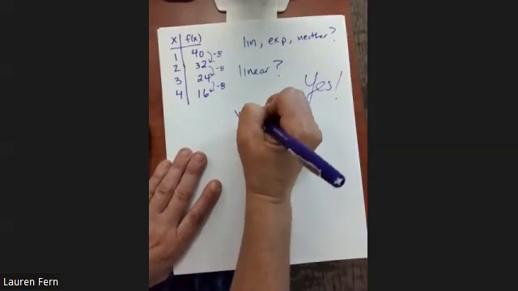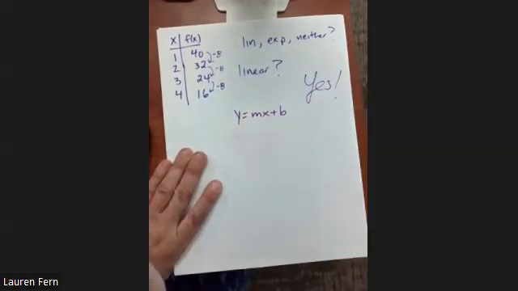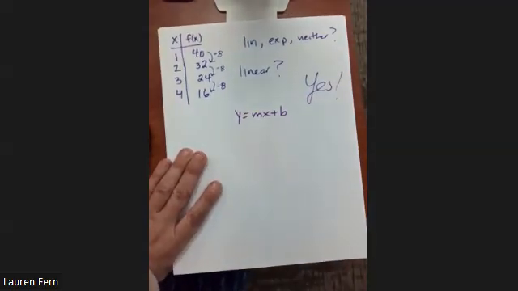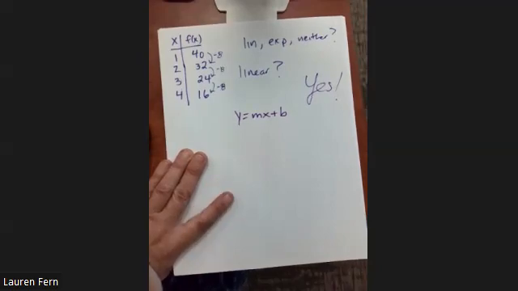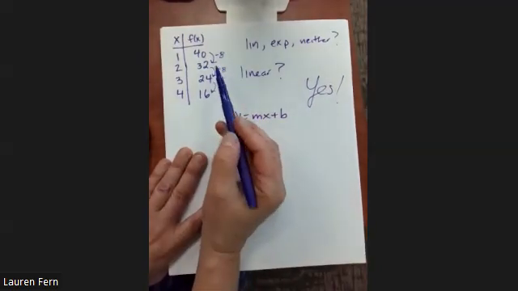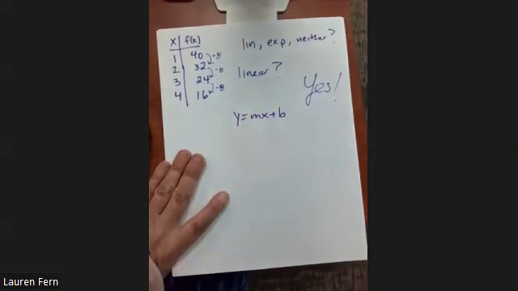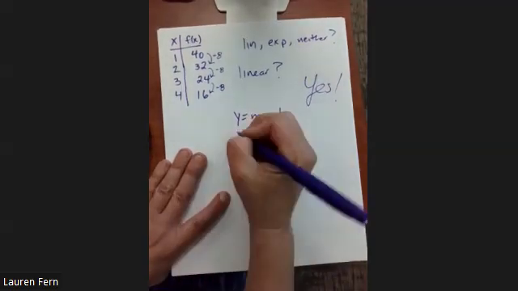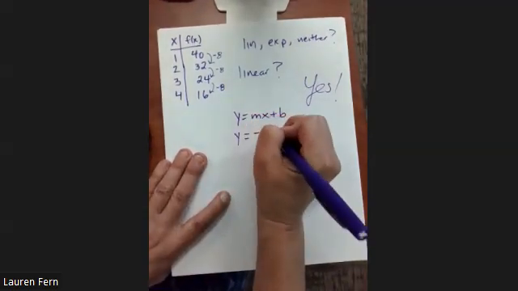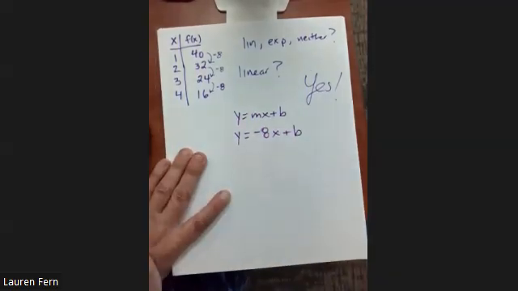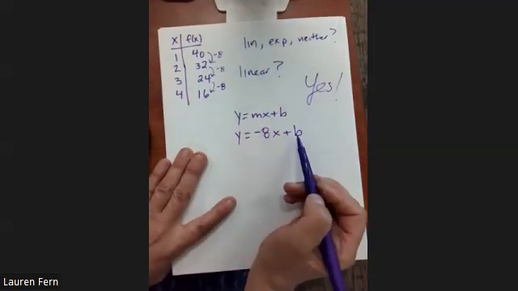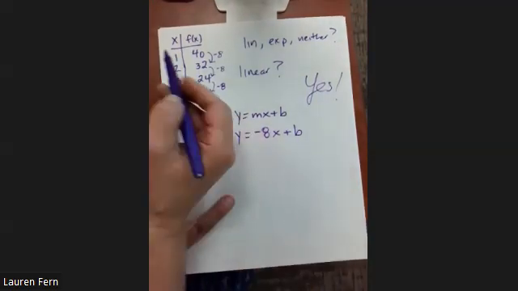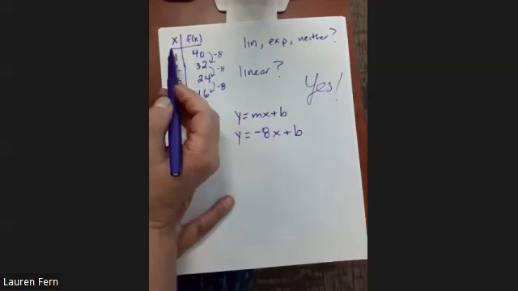Well, since it's linear, I can't help myself. Let's find the equation of the line. What is this -8 that we found? That's our slope. Notice we're not given our B value. We would know that we were given our B value if we had our function value when X was 0.